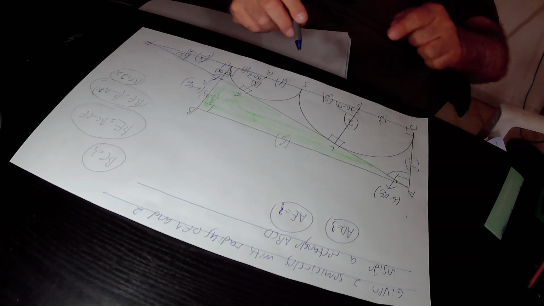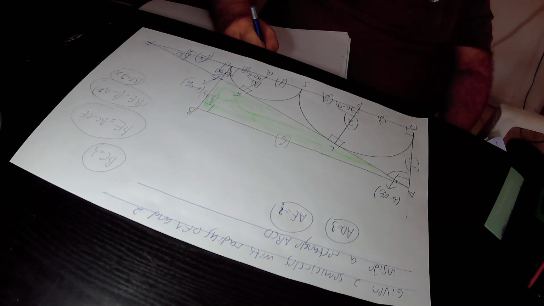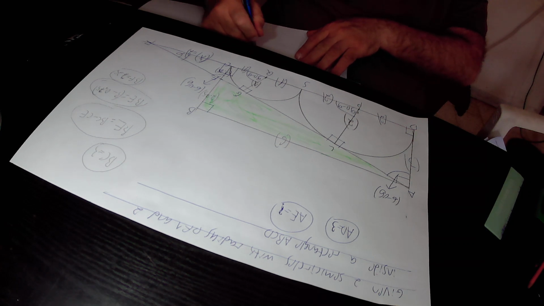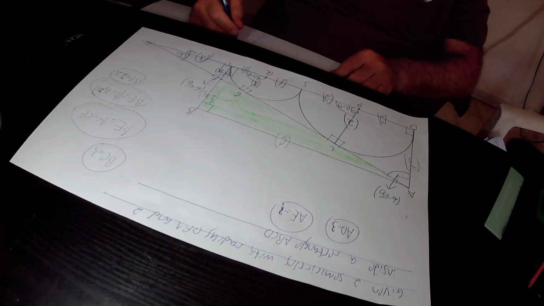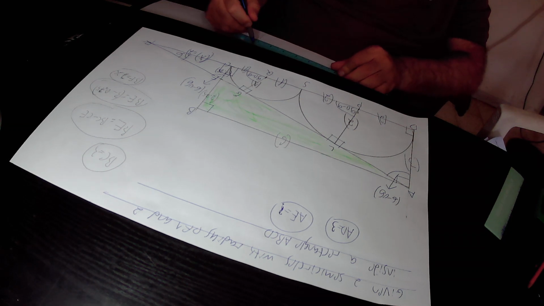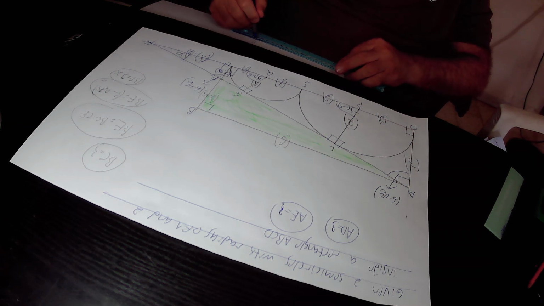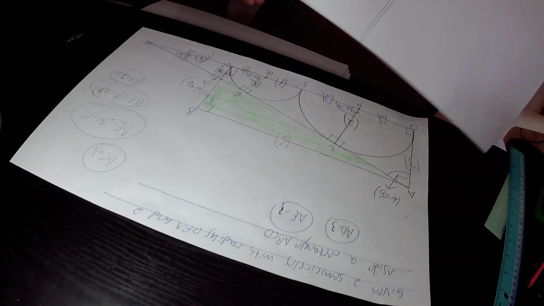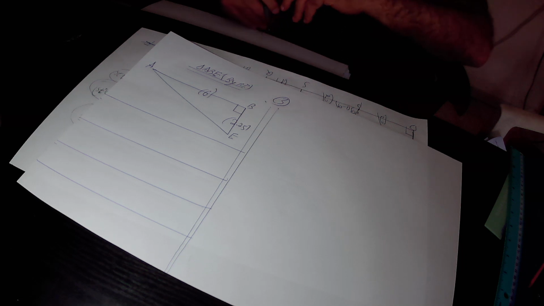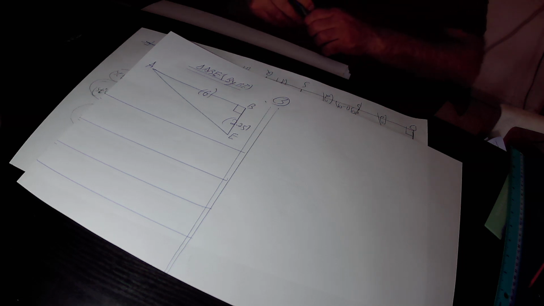Side AB equals 6 units in length, and side BE equals 2.25 units. This is the green right triangle ABE from the original drawing.